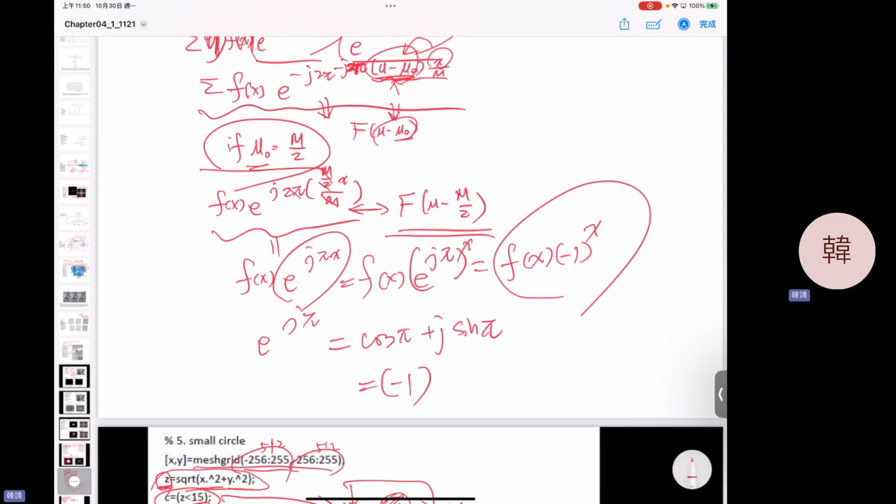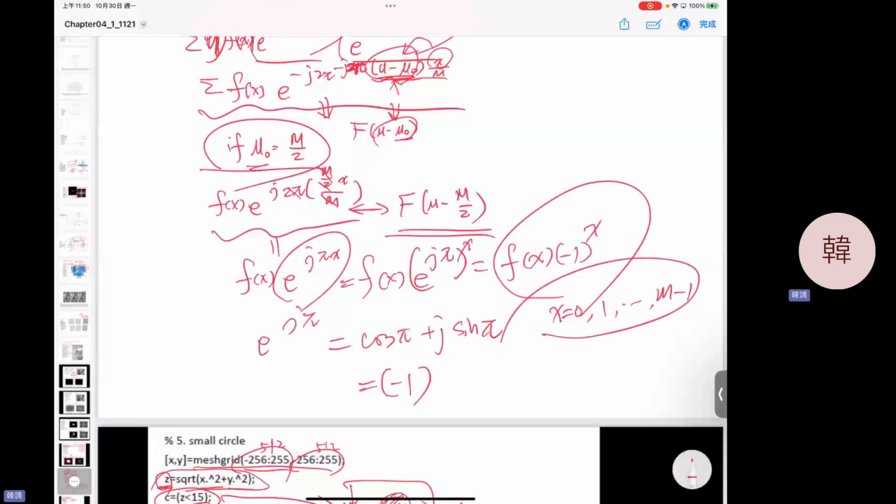What is x? x is your index in the spatial domain, x from 0, 1, 2 to m minus 1. We know x is your index in your spatial domain.